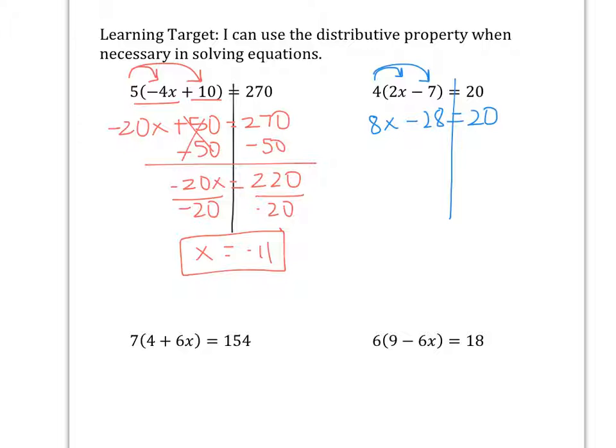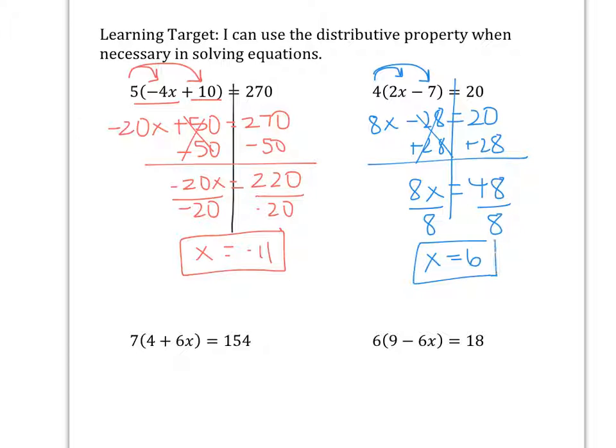And that's equal to 20. And now I can go ahead and solve the remainder of this equation, and I'll add 28 to both sides. Okay, and so I'm left with 8x over on the left-hand side is equal to 48. Last step to undo multiplication would be to do division, so x equals 6.